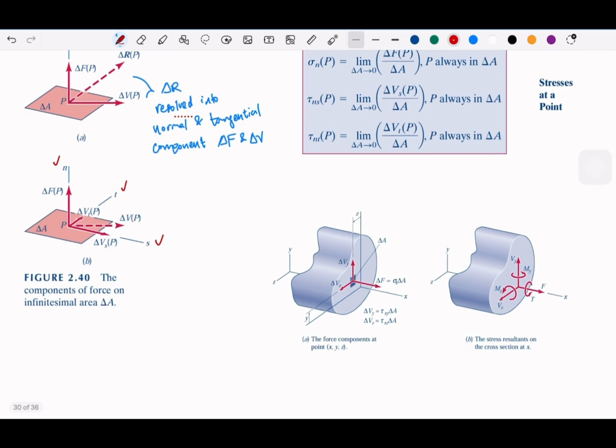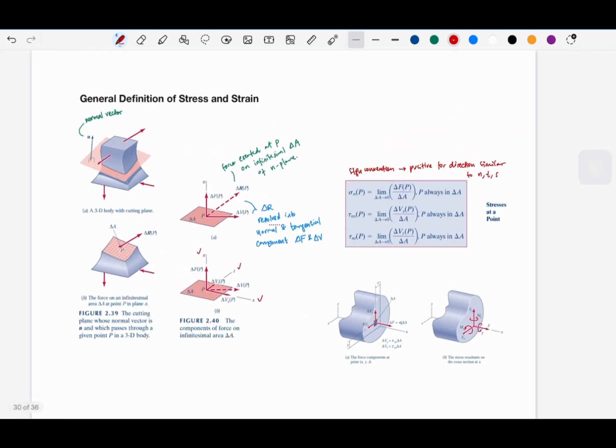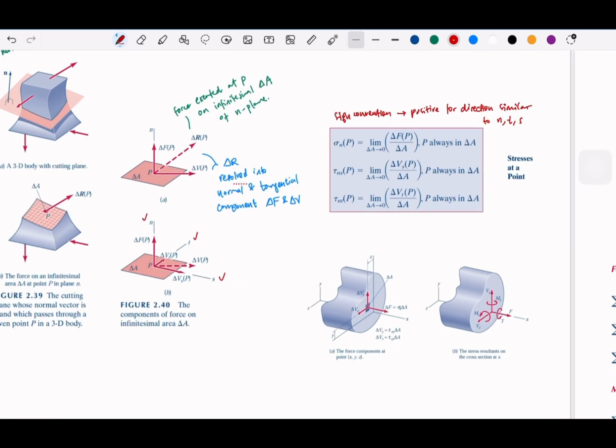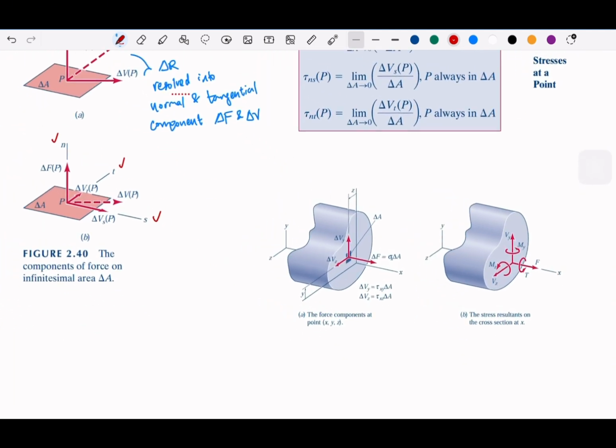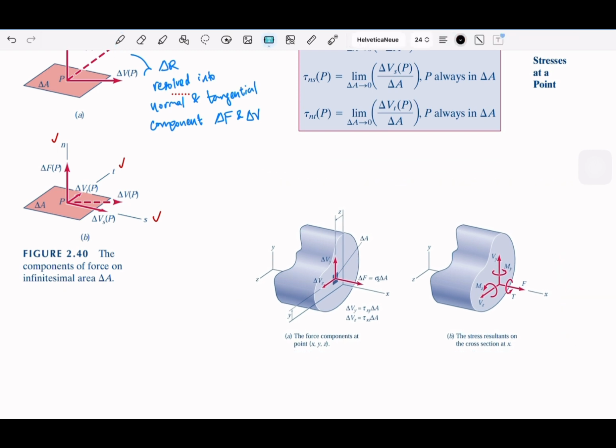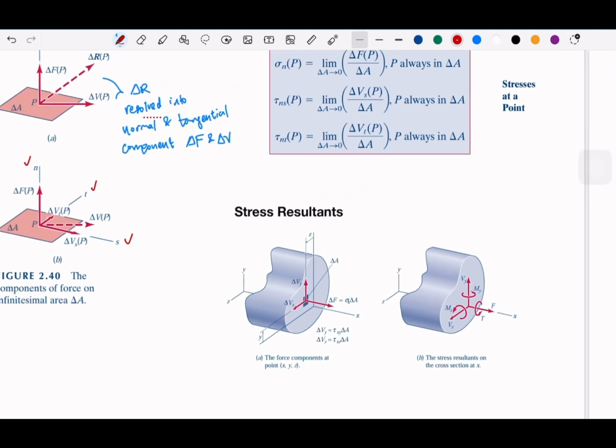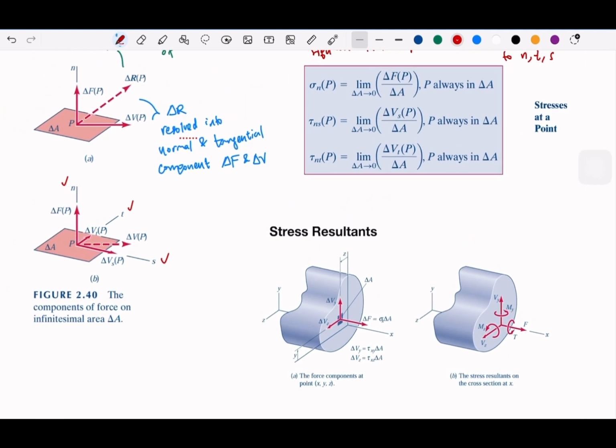Okay, now if we see the stress resultant, okay, so this is supposed to be the stress resultant. Let me write here. So this equation will be a very basic equation that is important for relations of stress on the area.